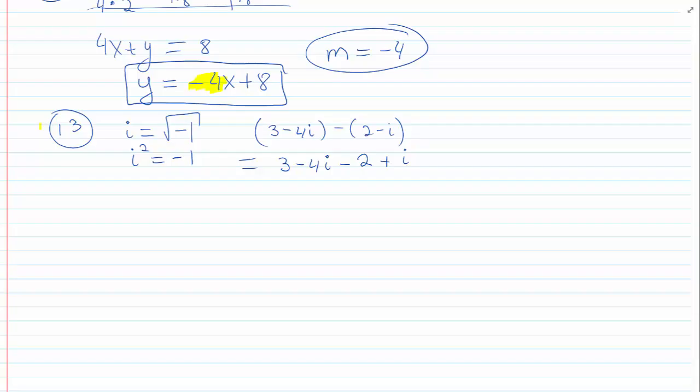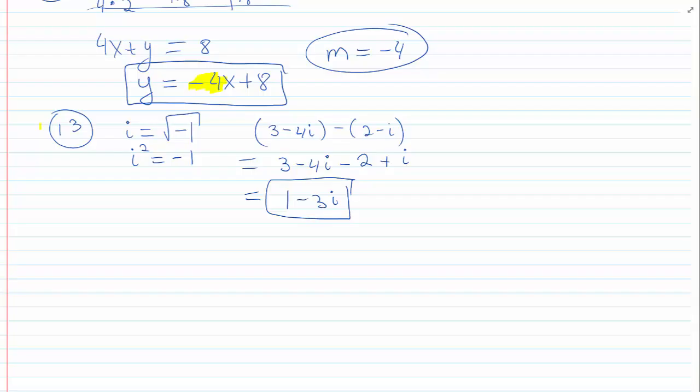You promised me you're not going to make that error, right? The negative and the negative become a positive. All right, let's combine this and put it in the form where the real part comes first, the imaginary part comes second. So 3 take away 2 is what? 1. And -4i plus i is? Okay? Any questions? All right.